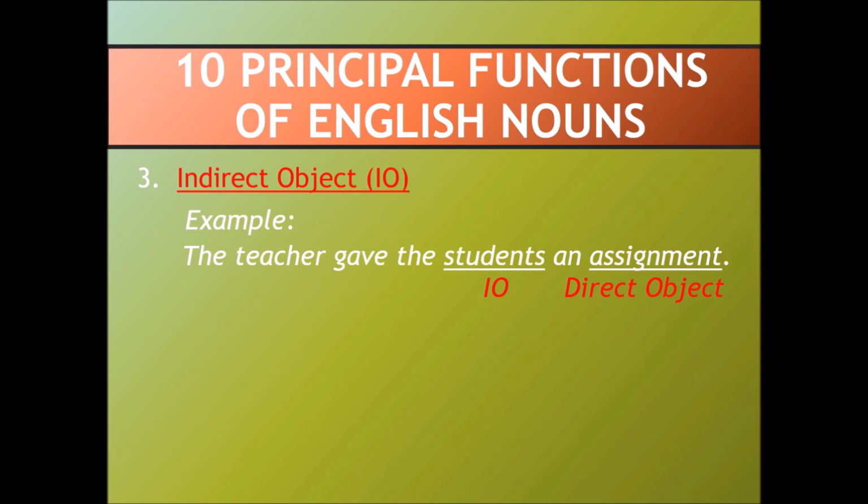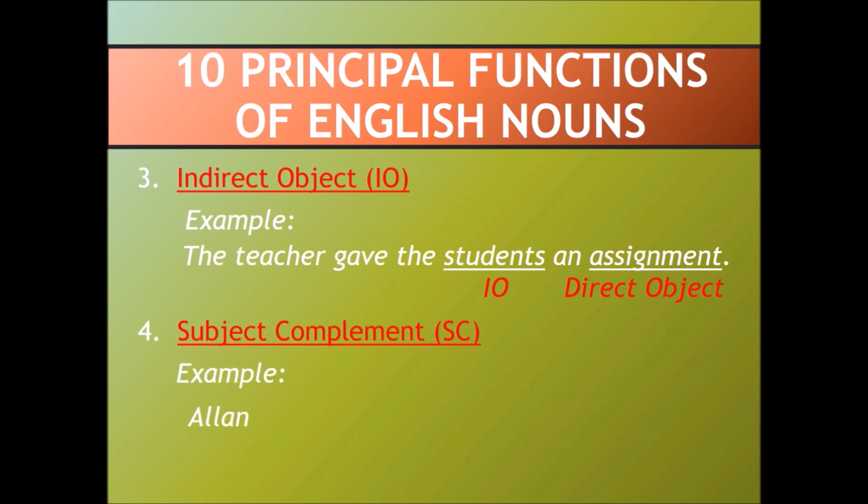They're both nouns. The next one is the subject complement or SC. Example, Alan is an artist, wherein the word or noun artist is used as a subject complement in the sentence.